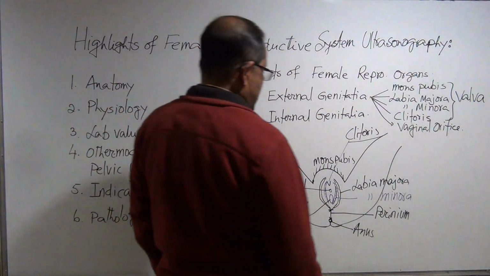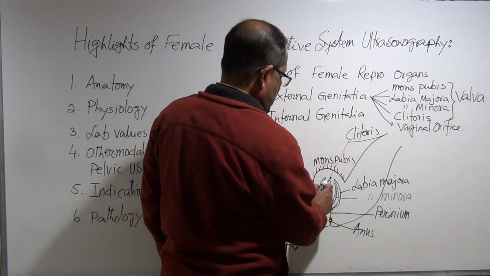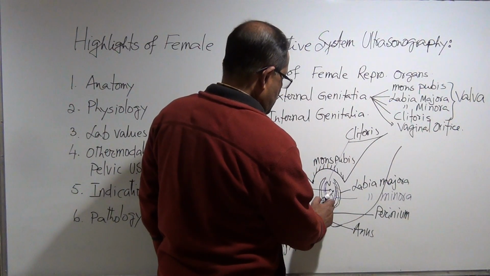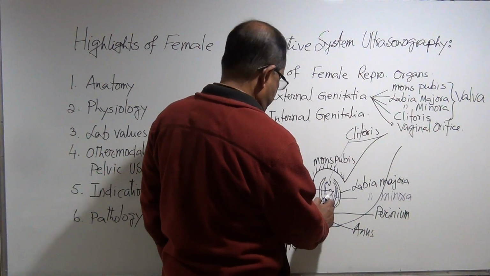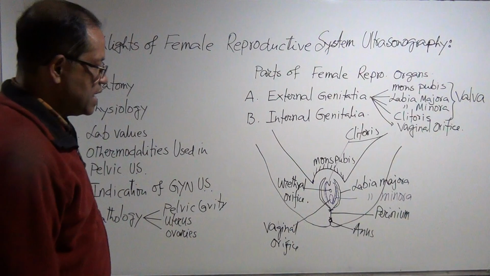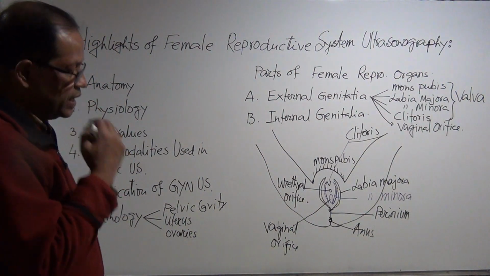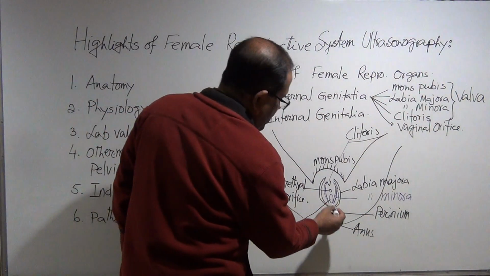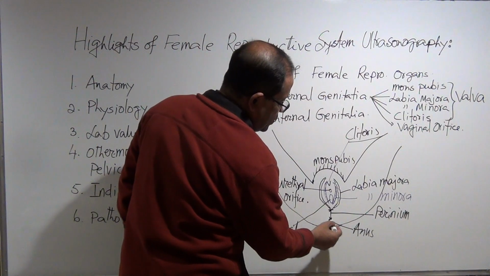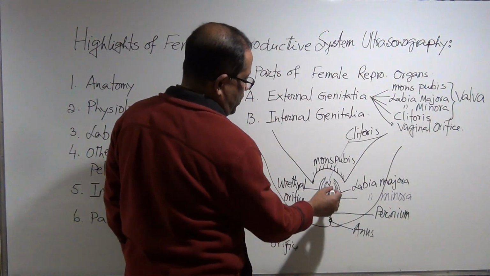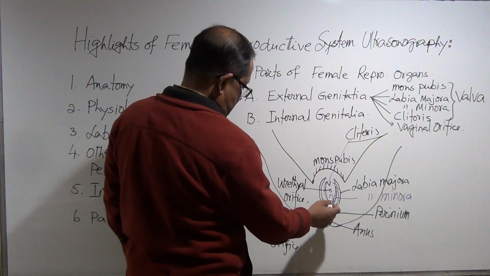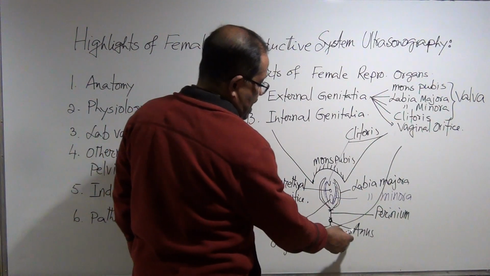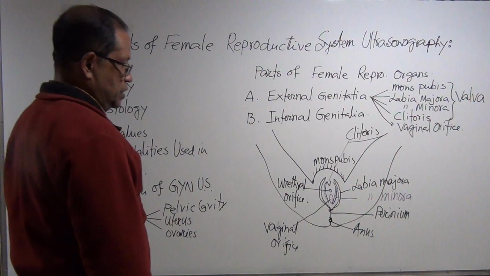The opening posterior to the urethral orifice is the vaginal orifice, and there is another opening here, the anus. So there are three openings. The urethral is anterior, the vagina is in the middle, and the anus is posterior.